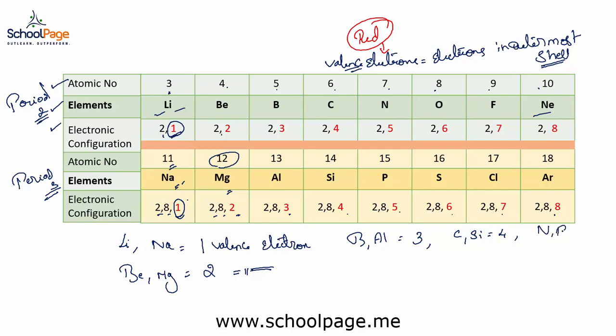Nitrogen and phosphorus, it is 5. Oxygen and sulfur, it is 6. And fluorine, chlorine, 7. Neon and argon have a completely filled outermost orbital, that is, electron number 8.